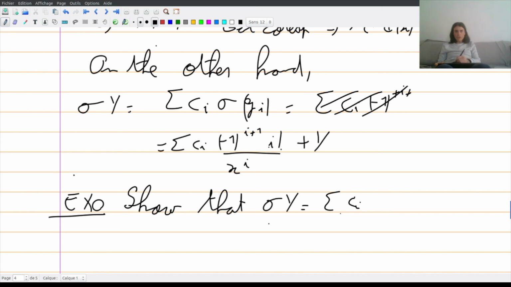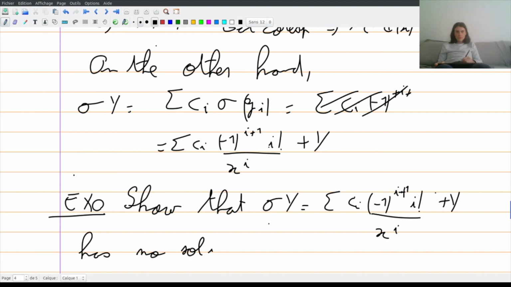So there is a y here: the sum of Ci (i-1)! over (x+i)^... plus y has no solution in C(x). So remind that the Ci are constants.